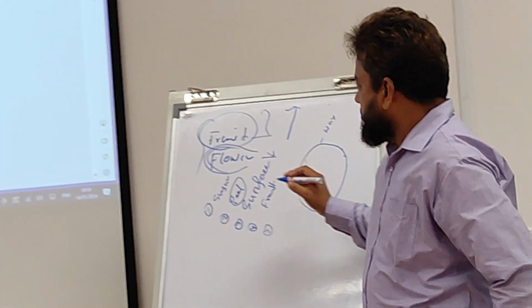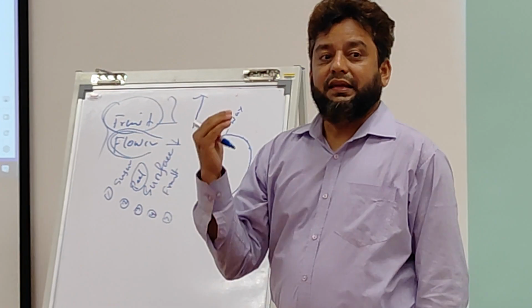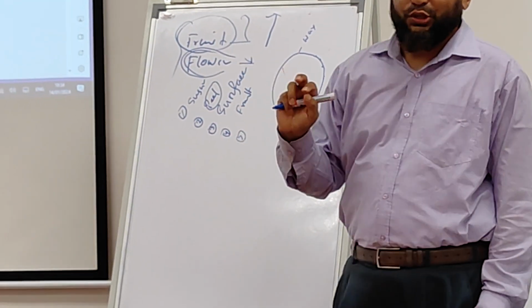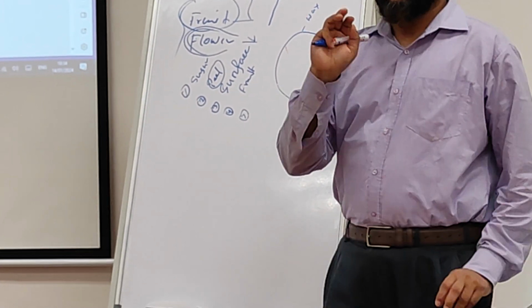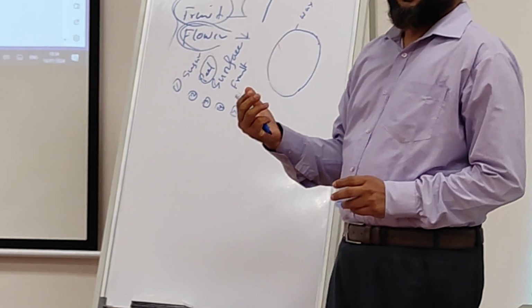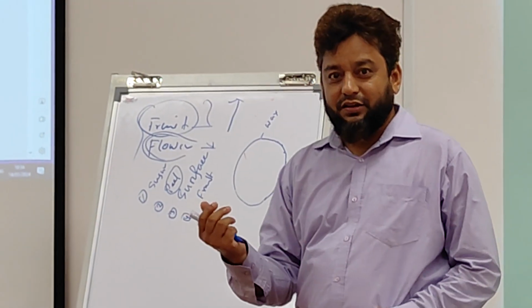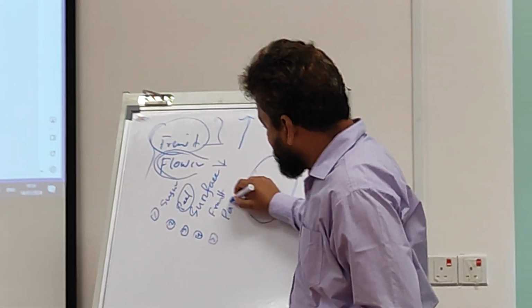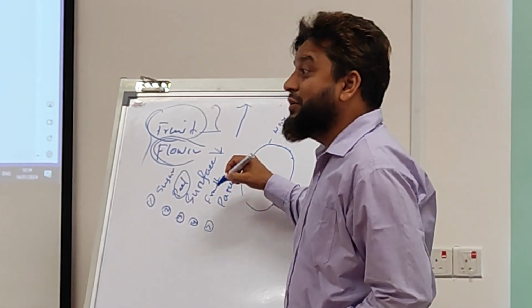And also microbial infection is high in flower or fruit? Higher in flower. Why? Because the flower is soft. Why? Because the flower has a thin kind of cell wall.